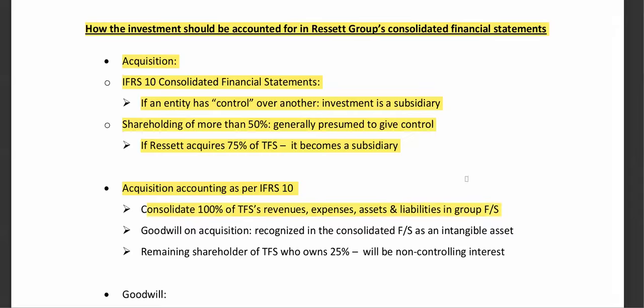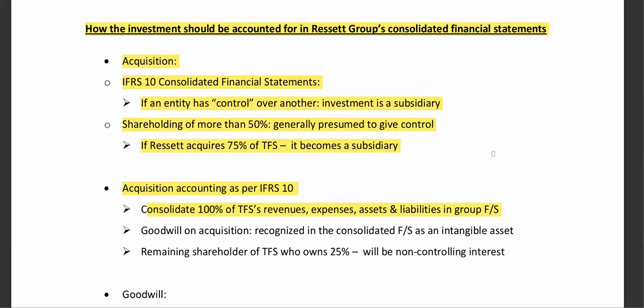If you refer to the annotated pre-seen, or if you refer to the pre-seen, you will see that we have produced group financial statements, which would mean that we already have at least one subsidiary.